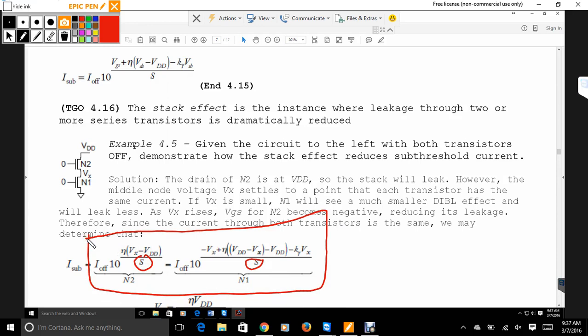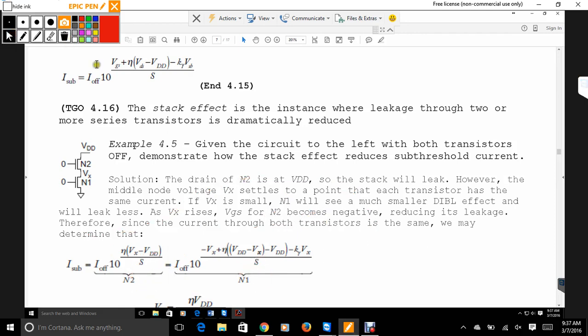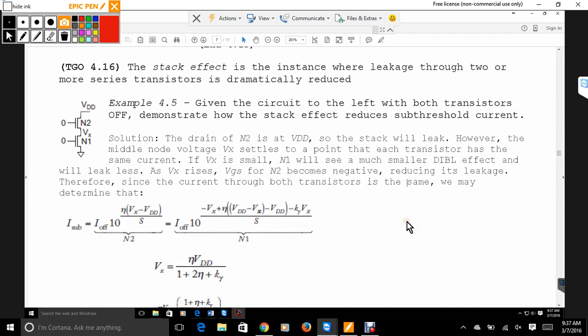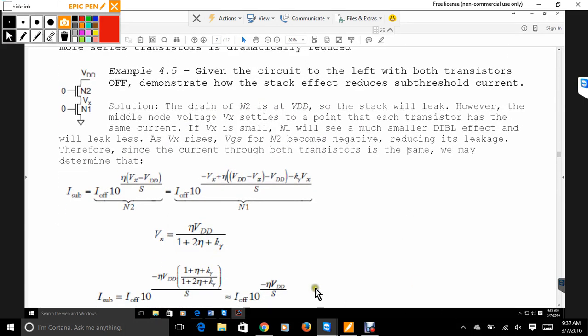And then you can make this simple by, these two are going to cancel. And then you can do log base 10 of each side, right? And so that means S is going to go away. So then what we're going to see here is this next equation, right?